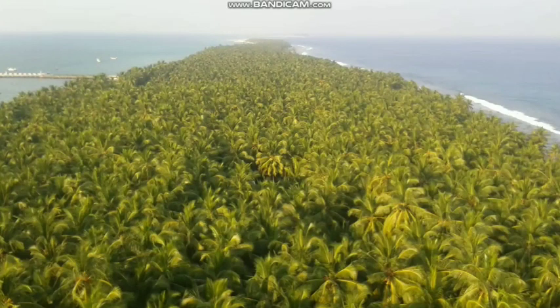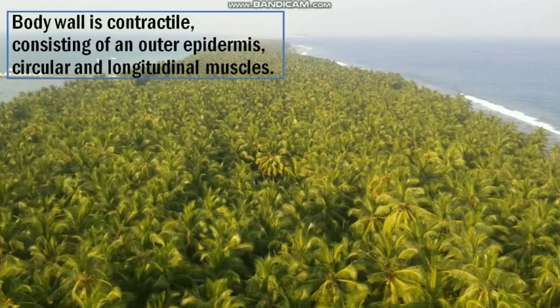Another interesting feature of Annelida is the contractile nature of the body wall. Their body wall is contractile because in addition to the outer epidermis, the inner part contains circular and longitudinal muscles. The circular and longitudinal muscles help the body to contract and relax together.